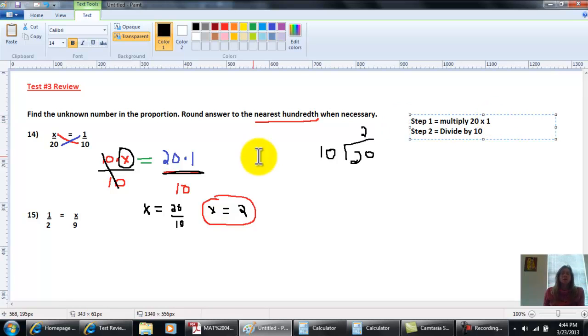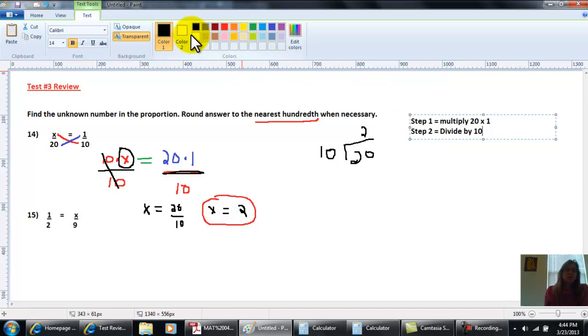That's what we did. We multiplied 20 times 1, then divided by 10. So anytime you multiply where the 2 numbers are, that means you divide by the number left over. That's another procedure you can think of. But what you're really doing is this algebra here that I showed you. And this is kind of a shortcut way to think of it.